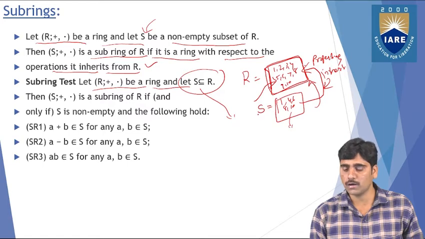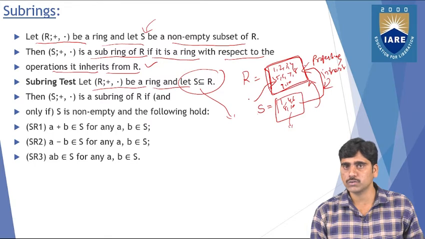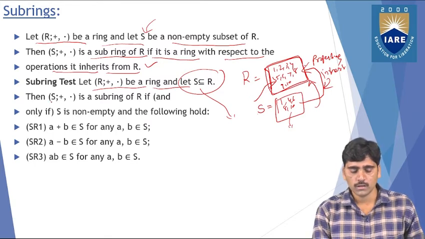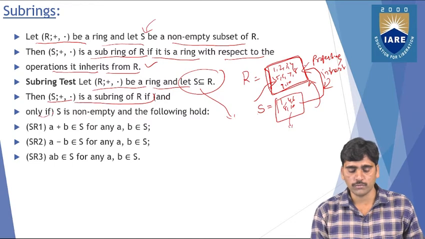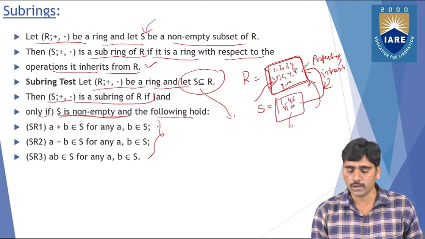Then S comma plus comma dot is a subring of R if and only if S is non-empty and the following conditions hold. The subring should satisfy these conditions.